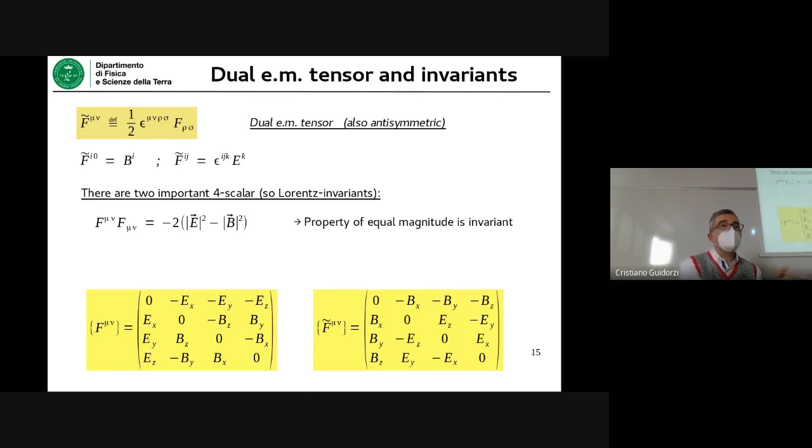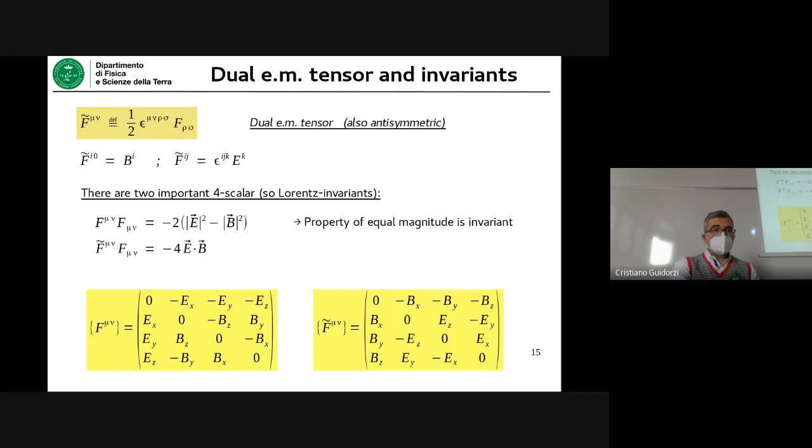So if you describe a given plane wave in one reference frame, and you know that the two fields have the same magnitude, that means that this property will hold for any other reference frame. So it's a Lorentz invariant property. Very important.